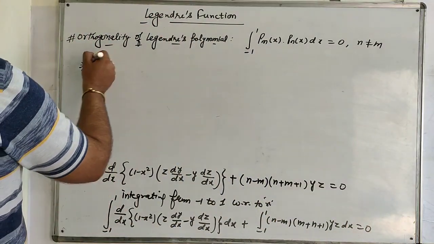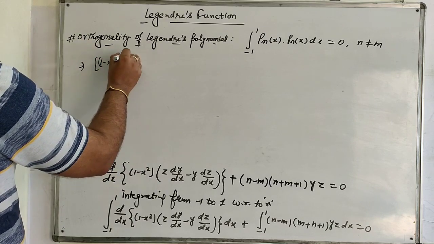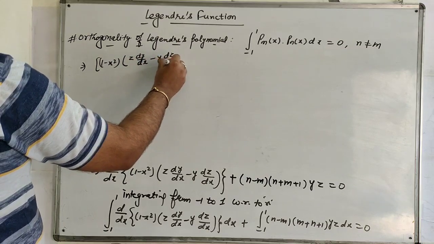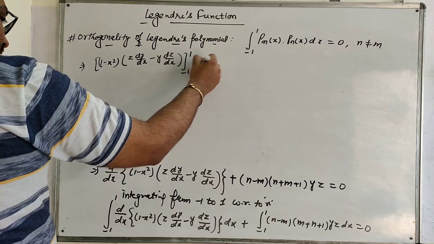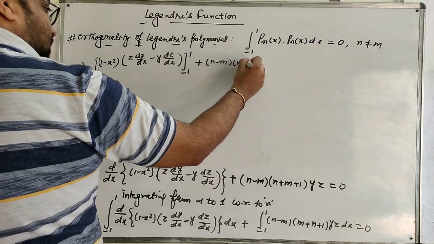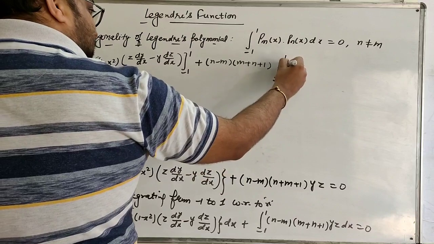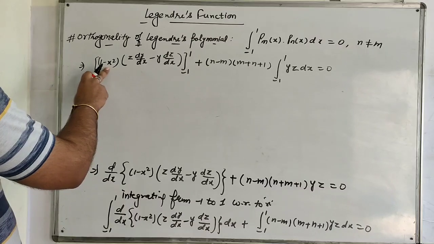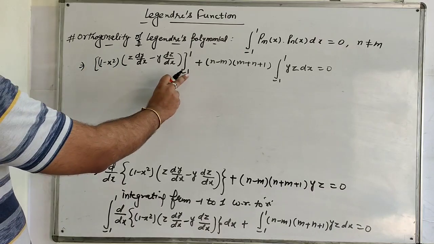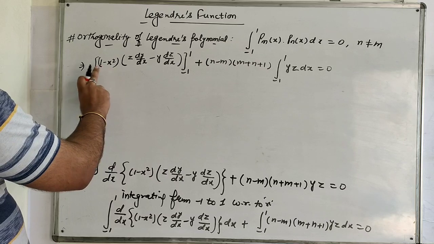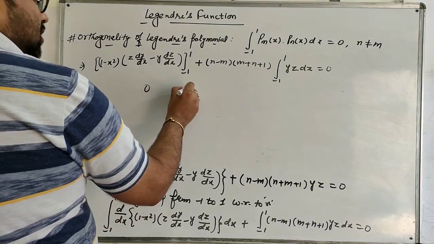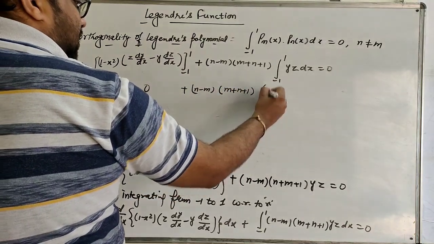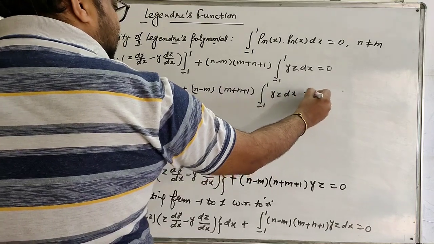Or (1 minus x square)(z dy over dx minus y dz over dx) under the limit minus 1 to 1 plus (n minus m)(n plus m plus 1) integral minus 1 to 1 yz dx is equal to 0. When we put x equals to 1, then 1 minus 1 is equal to 0, and when we put minus 1, then minus 1 square is plus 1, so 1 minus 1 is also equal to 0, plus (n minus m)(n plus m plus 1) integral minus 1 to 1 yz dx is equal to 0.